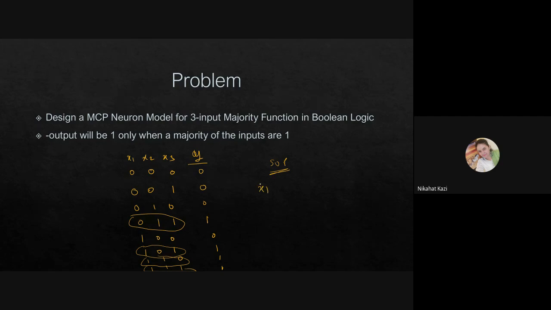x1 bar x2 x3, plus x1 x2 bar x3, plus x1 x2 x3 bar, plus x1 x2 x3. This is what you get.